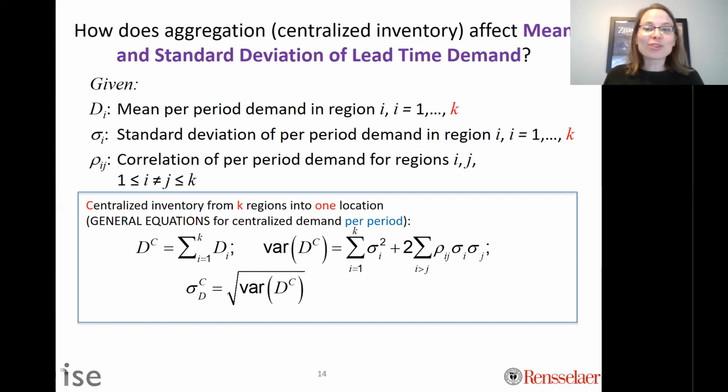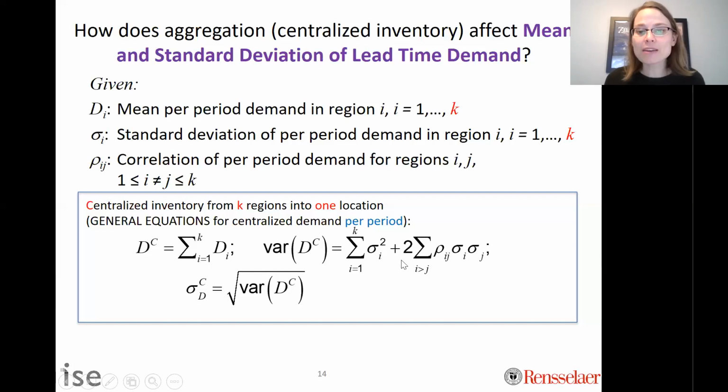The variance or the standard deviation is a little more complicated. We can't sum standard deviations, so it's incorrect to just sum up over all of the different regions to get the standard deviation. Instead, we need to work in the variance space, and so we need to sum variances and use this equation. One thing to note is if the regions' demand is not independent, if they're correlated, we need to consider this rho factor.